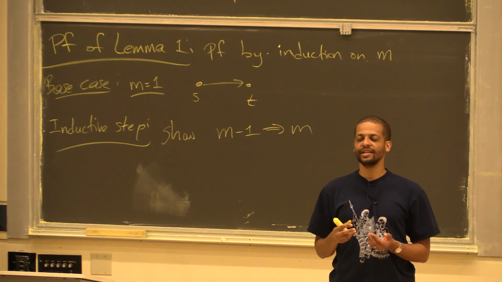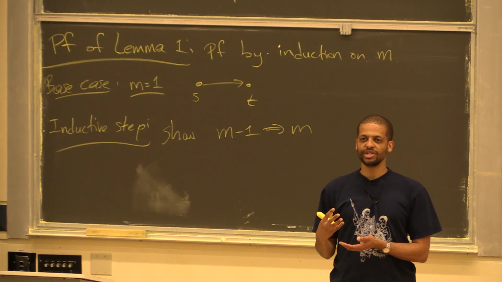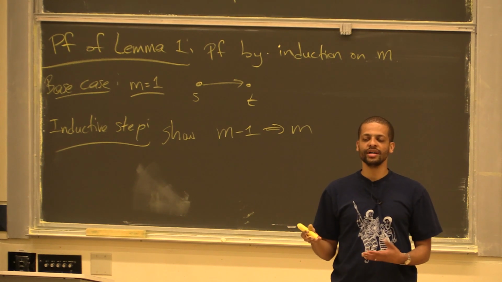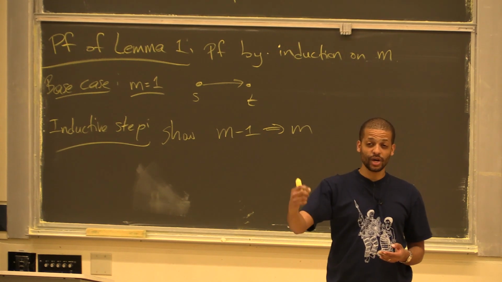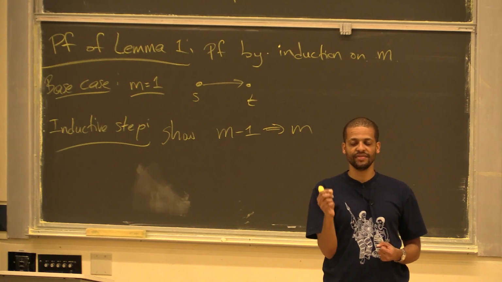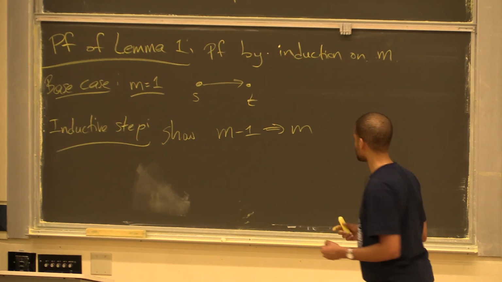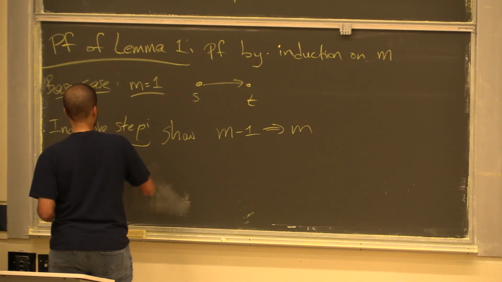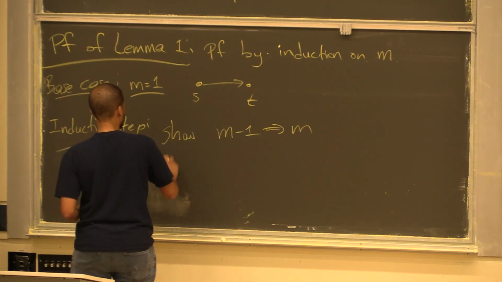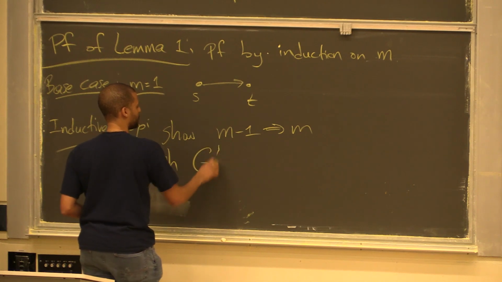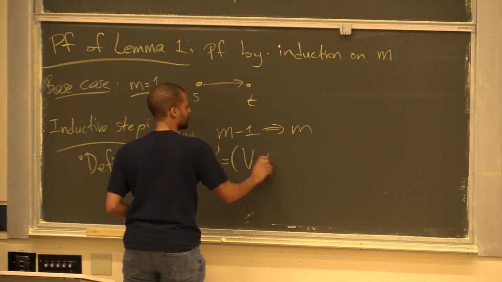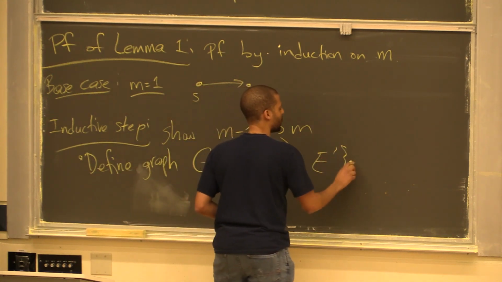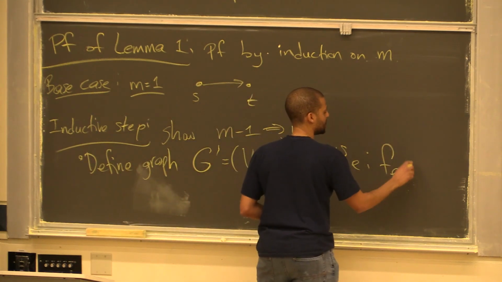So let's define a graph, which is the same vertex set. And what are the edges? The edges are any edge in the flow that has strictly positive, that is non-zero flow. So define a graph G prime, which has the same vertex set and a set of edges E prime, where E prime is the set of all edges such that f_e is strictly positive.